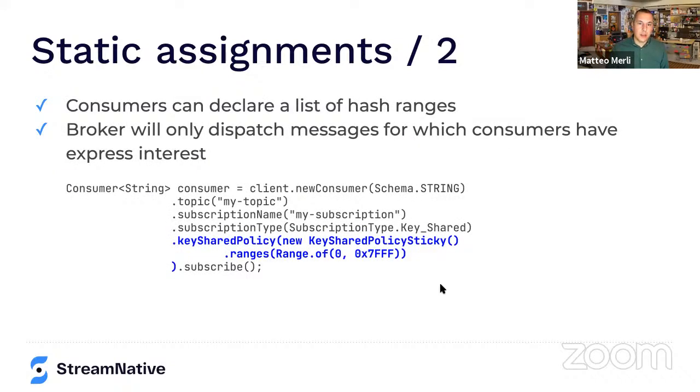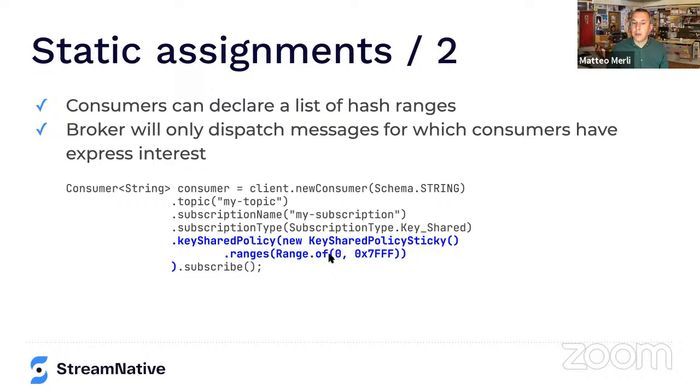The way that you declare that is that you can specify a policy when you do the KeyShared subscription. In this case, the policy is a KeyShared policy sticky, compared to the auto split, which was the one before. On this sticky policy, you can configure a list of ranges. Here I'm just passing one, but basically it can be an array or a list of ranges.